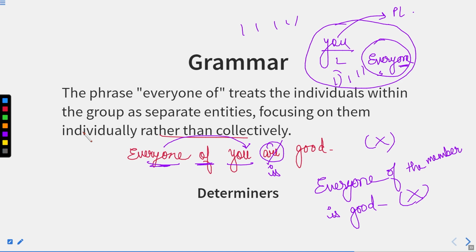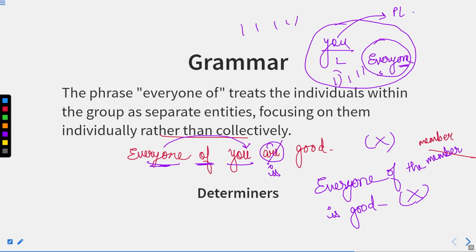If I say every one of the members, it means I'm talking about each and every member. And if there is only one member, can I say every one of the member? No, because members should be more than one. Then only I can say every one of the members. So this "member" is incorrect over here. It should be "members."